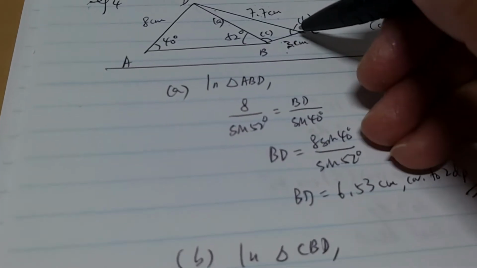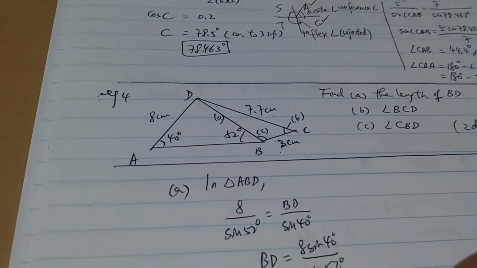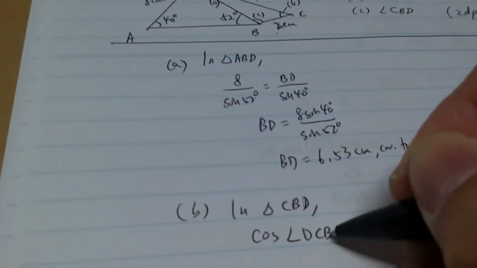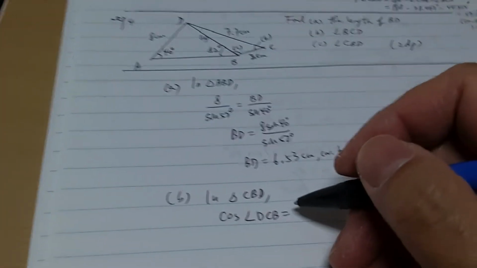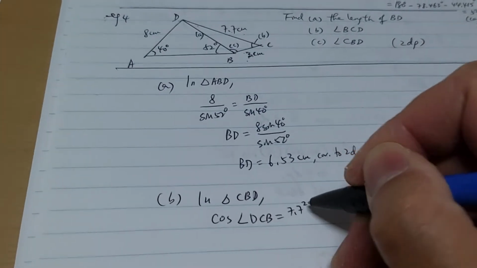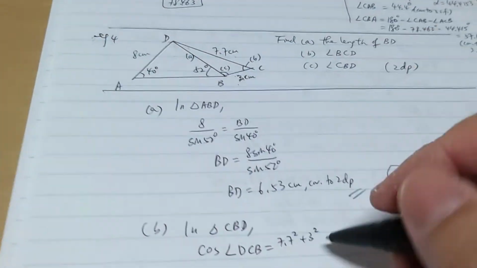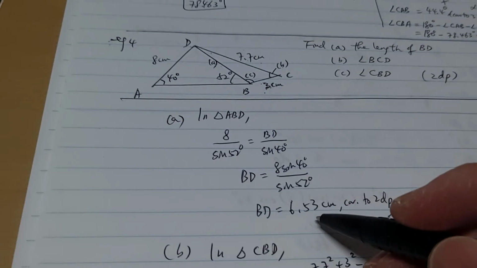So we want to find this angle, so cosine of this angle, DCB, which is equal to A square plus B square minus C square over 2AB.